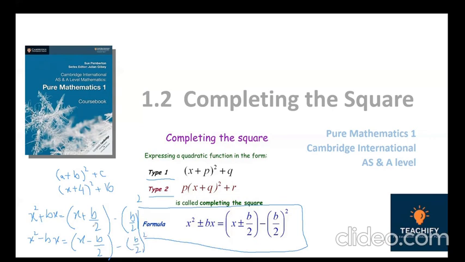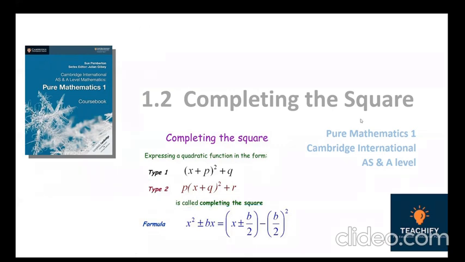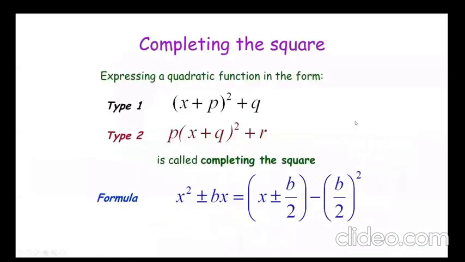So this is the general formula for completing the square. Hope you understand. Now moving towards chapter number 1, topic 1.2, exercises and cases.